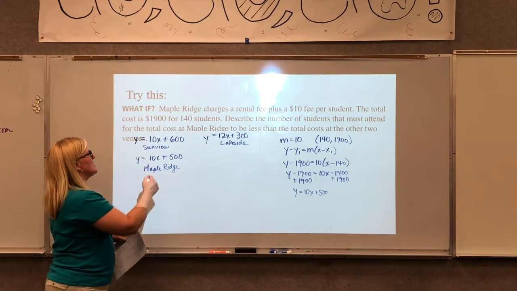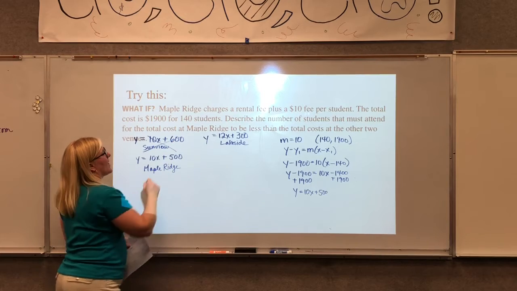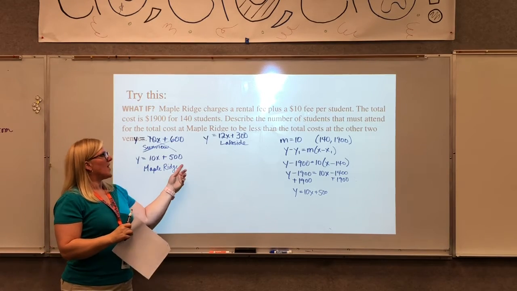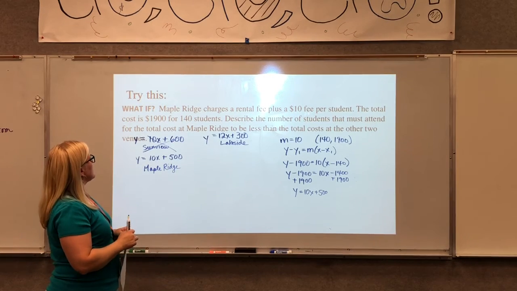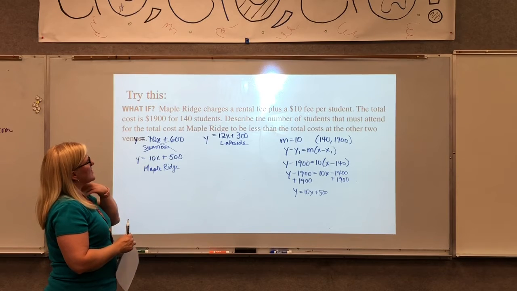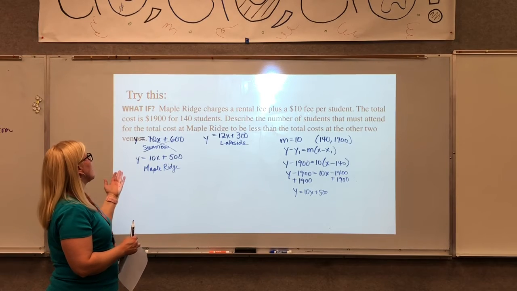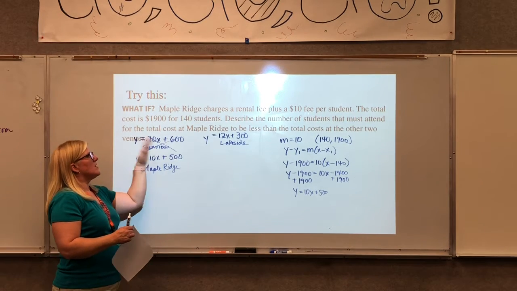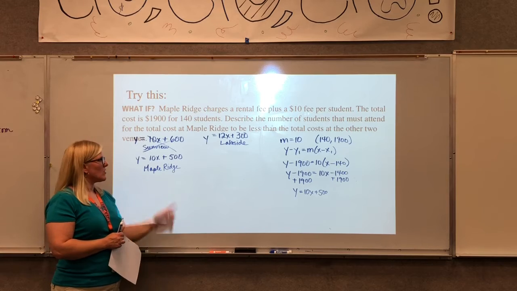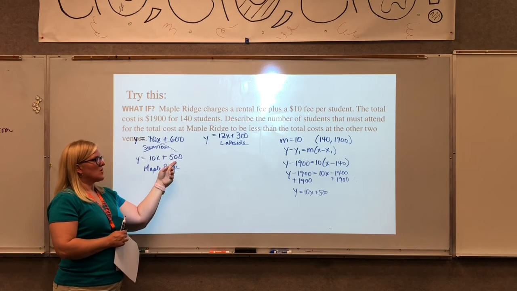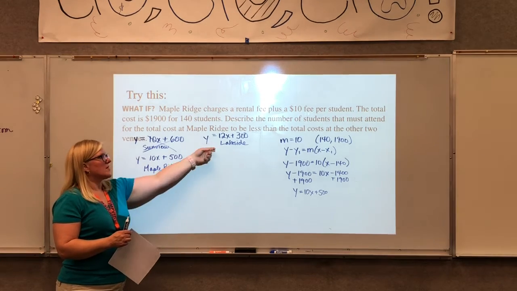So just between these two, I can already cancel this one out. And now I can compare these two. So it says, describe the number of students that must attend for the total cost at Maple Ridge to be less than the total cost at the other two venues. Well, we've already taken out this venue, because we know this one's cheaper. So now I'm gonna compare these two.